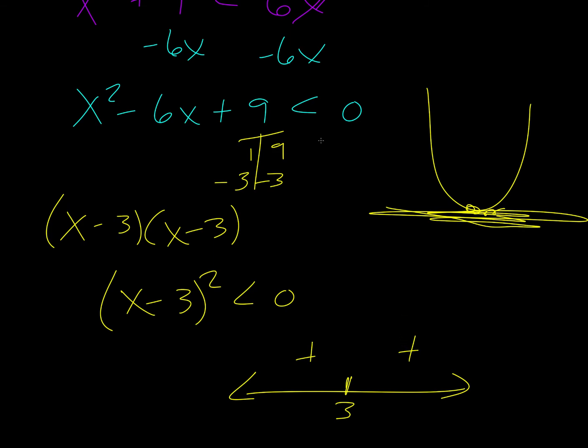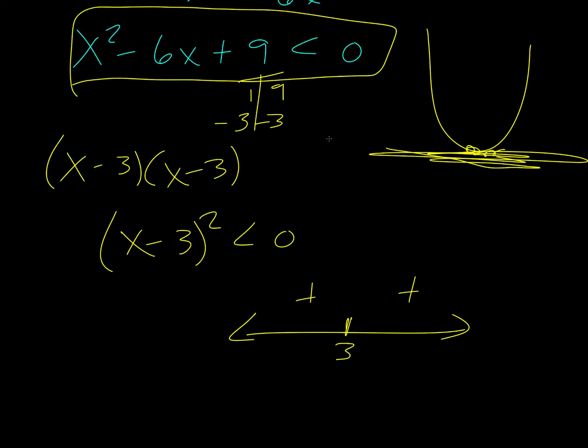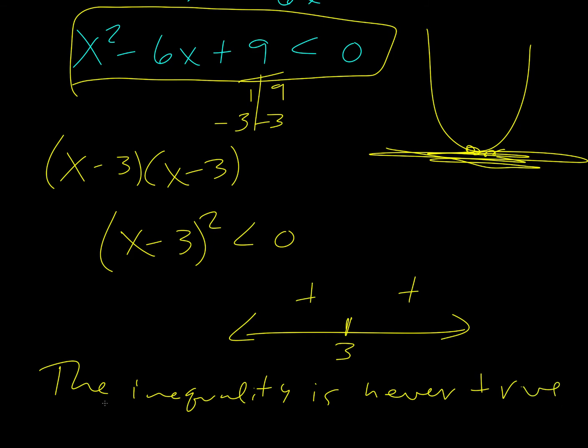And we're looking at this inequality, and it is never less than 0. And so we can write a sentence like the inequality is never true for real values of x. Because since it's less than, we would need to see some negative signs for that to be true on the sign diagram.